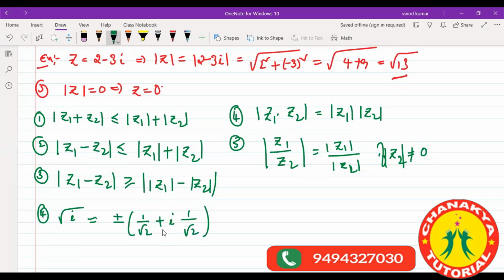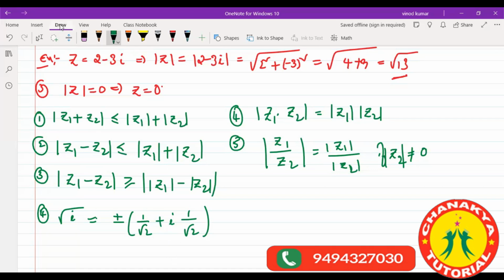This is the formula for root i. There is a proof using the polar form of a complex number, one topic we have. In that polar form, we have the proof of the square root of i value, written as plus or minus 1 by root 2 plus i by root 2.